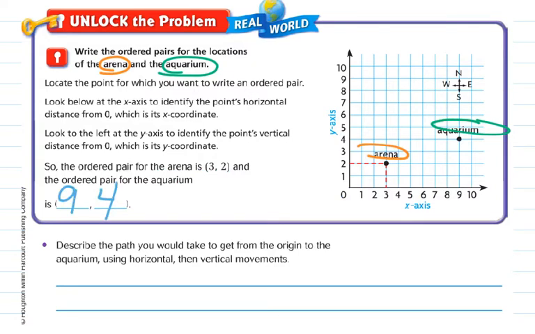Next, it says describe the path that you would take to get from the origin to the aquarium using horizontal and then vertical moves.